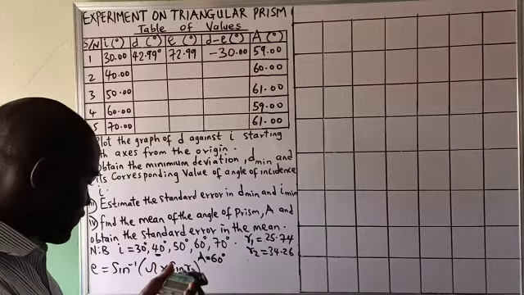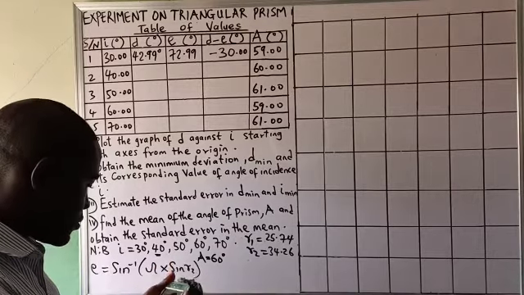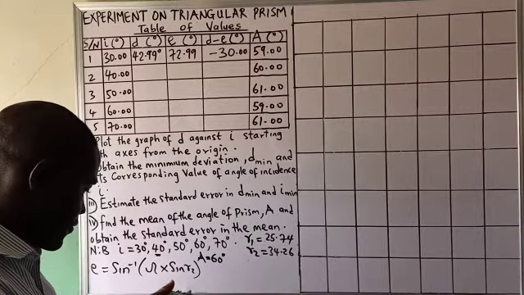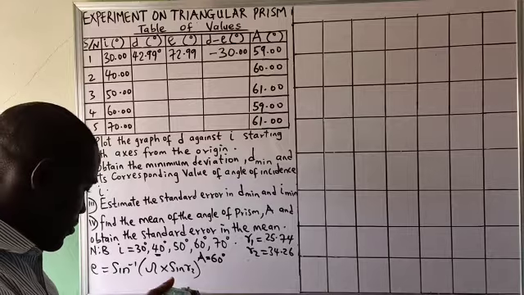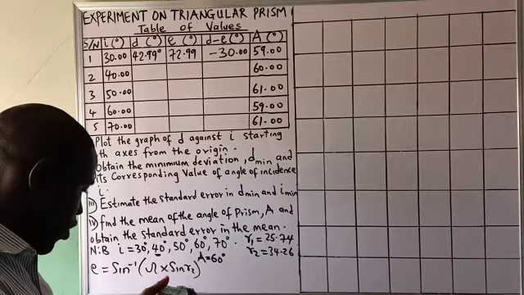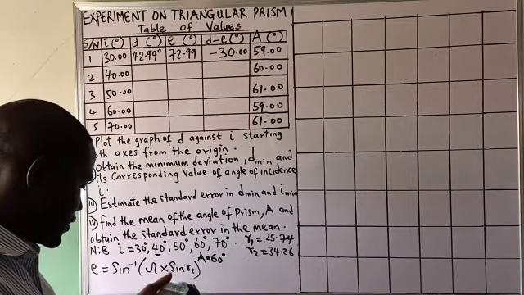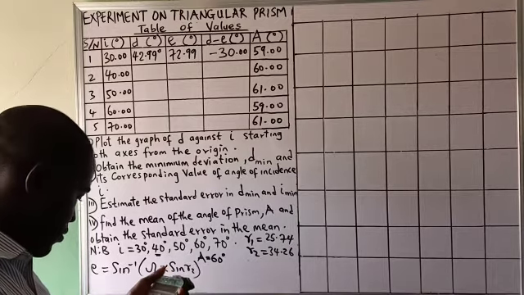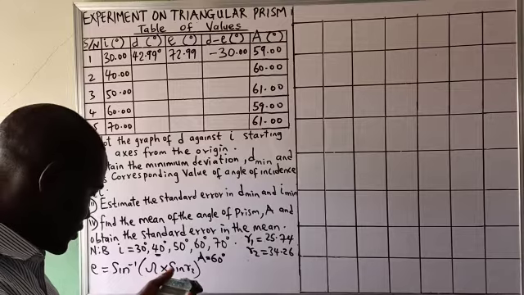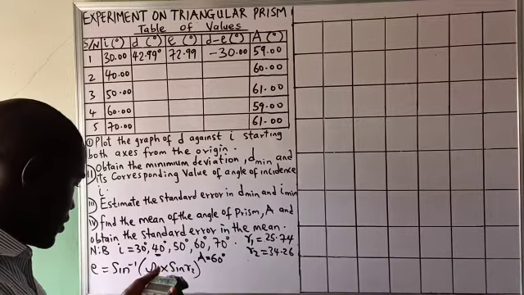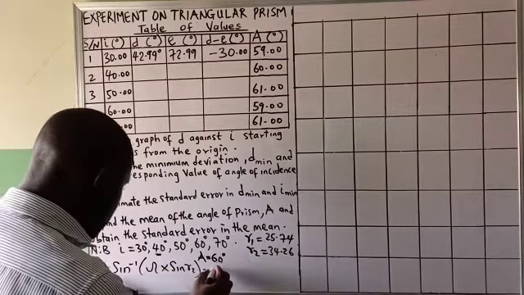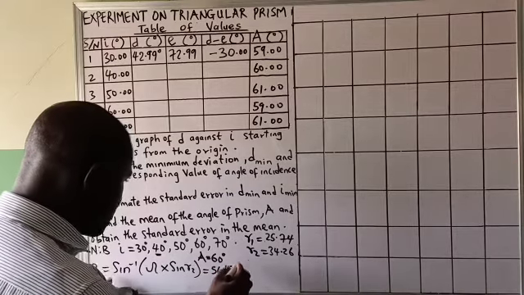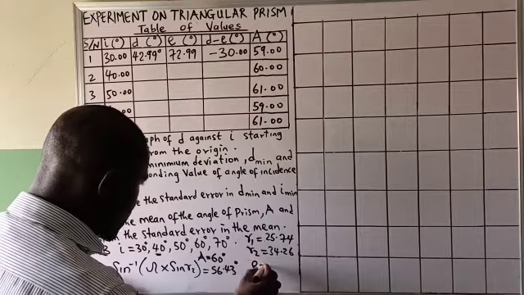We now say shift sine bracket 1.48 times sine 34.26. That will be giving us 56.43 approximately.